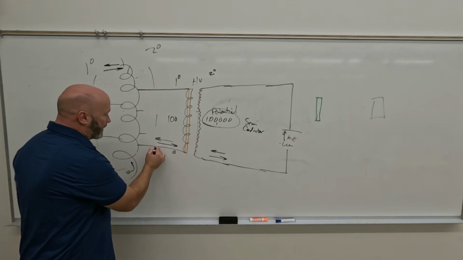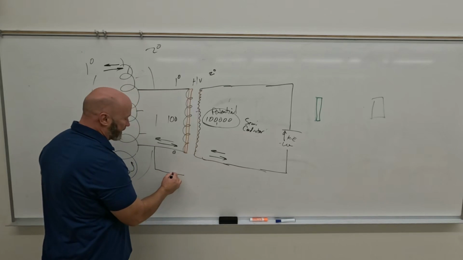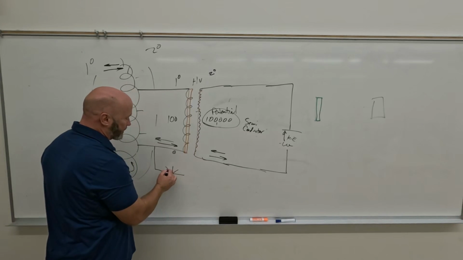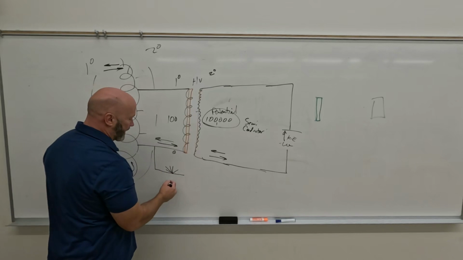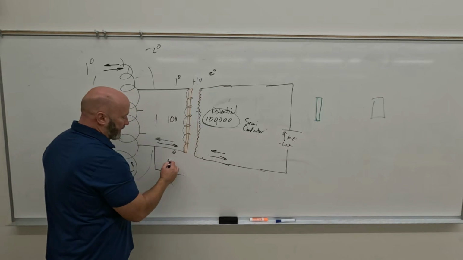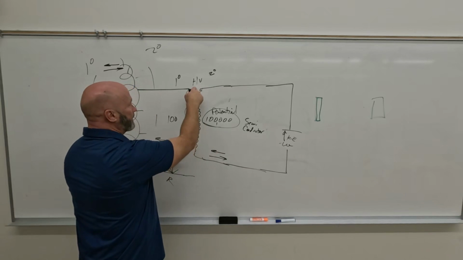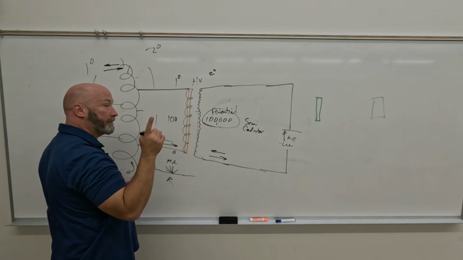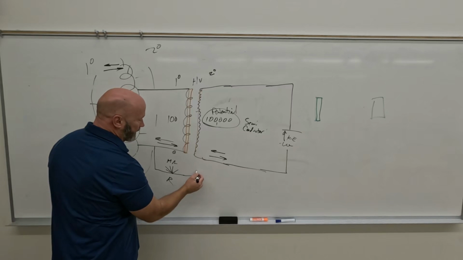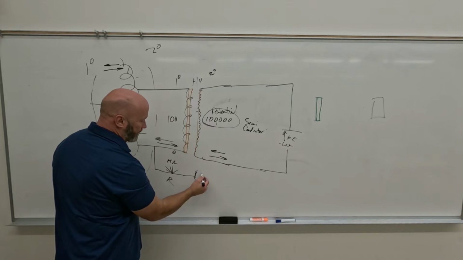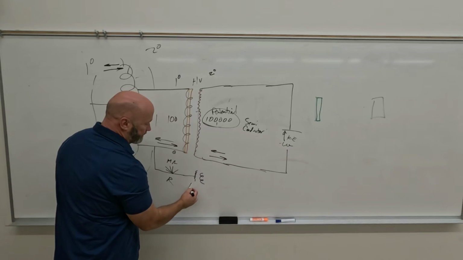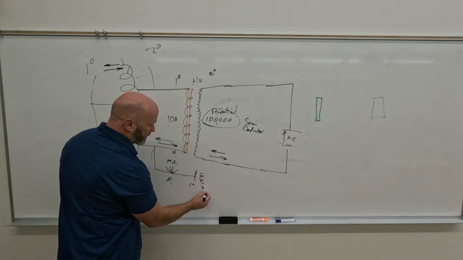At the same time, we've got another circuit that comes off, and it's going to go through a mA selector, which is really just another type of rheostat, right? And then it goes into the exact opposite of this. If this is a high voltage transformer, it steps up voltage, then this is going to have a lot of squiggles on the front side, the primary side, and fewer squiggles on the secondary side.